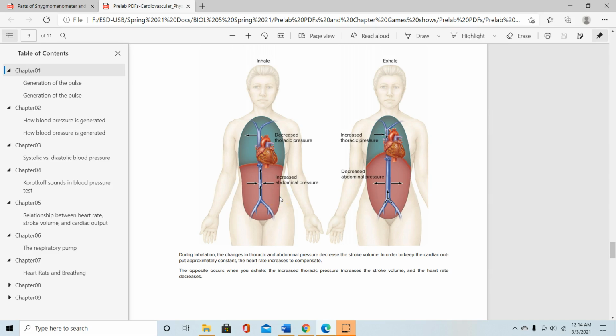So during inhalation, your heart rate usually increases because at that time your left ventricle has less volume, so it is pumping less. And if you're pumping less, that means you have to increase your rate. But during the exhalation, the opposite occurs. The increased intrathoracic pressure increases stroke volume, and that's why the rate decreases.